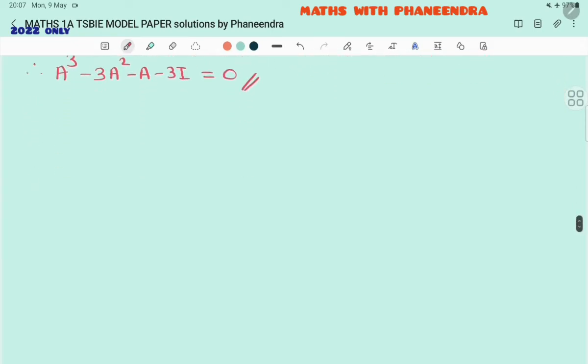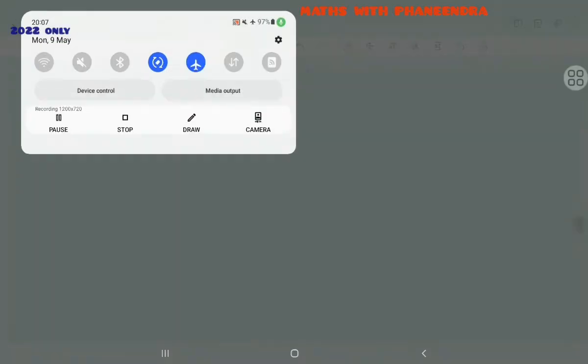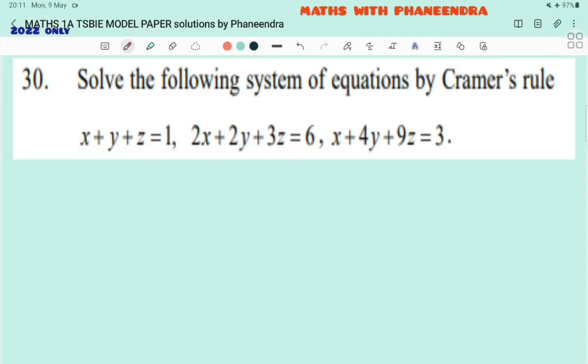We'll move on to the next question, dear students. The next question number 30. Solve the following system of equations by Cramer's rule. In this Cramer's rule, first you have to write the given system of equations and write the values of a, x and d.